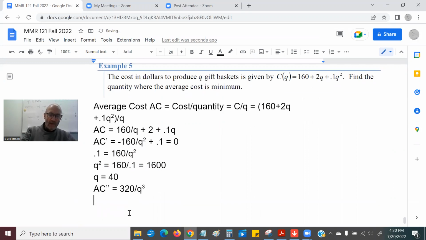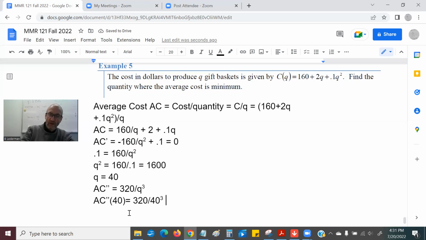And so AC double prime of 40, because that's the point we're testing, is just equal to 320 over 40 to the third power. And the truth is, it's a positive number divided by another positive number.